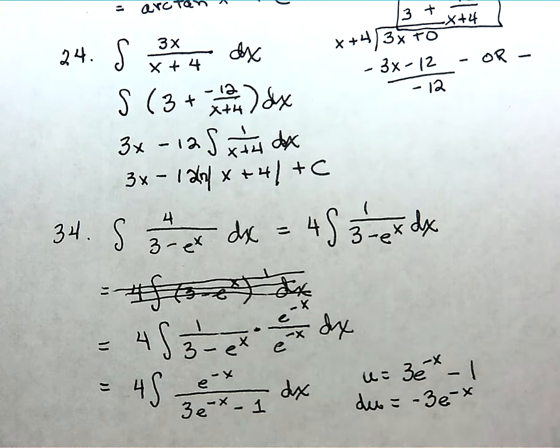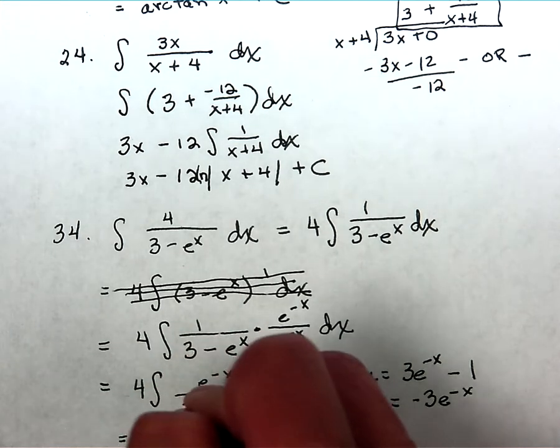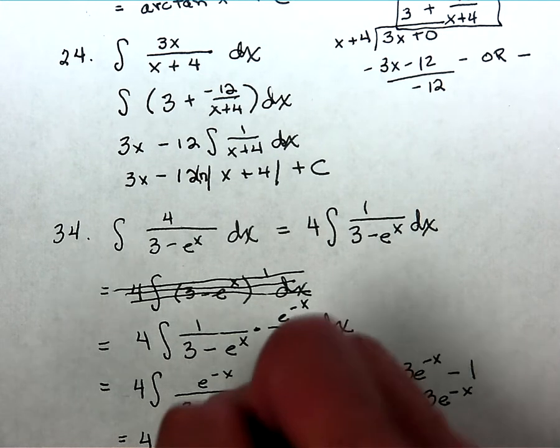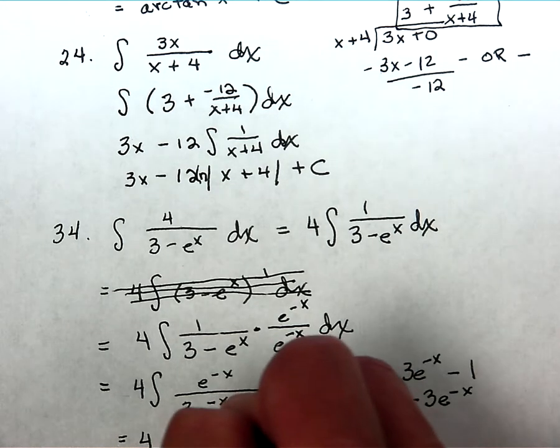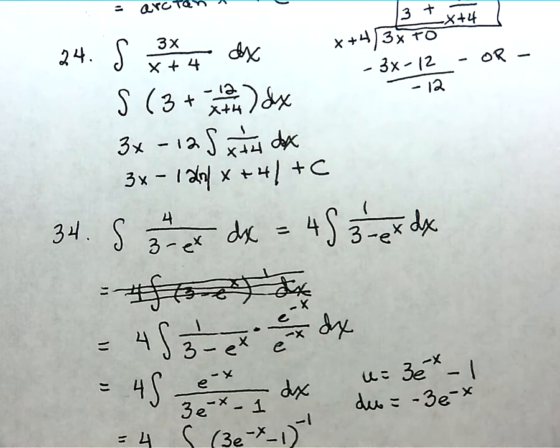Do we have anything close to that in the numerator? Yeah. We could call that denominator now u to the negative 1. I think I can get by without doing a formal substitution. There's u to the negative 1, as long as I have du beside it.